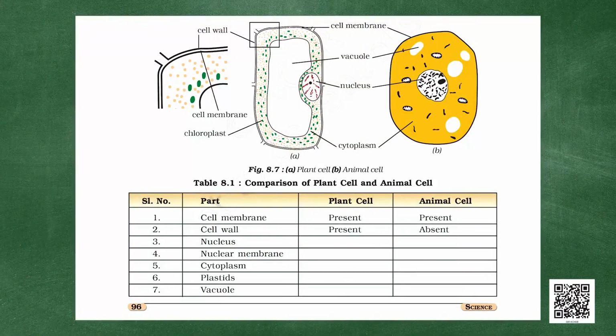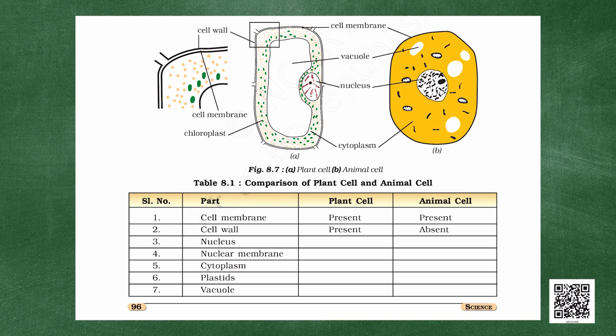Now let us compare the plant cell with that of an animal cell. Can you tell me what are the differences between the plant cell and animal cell by observing this chart? The plant cell looks larger in size. Yes, generally it is larger than animal cell.